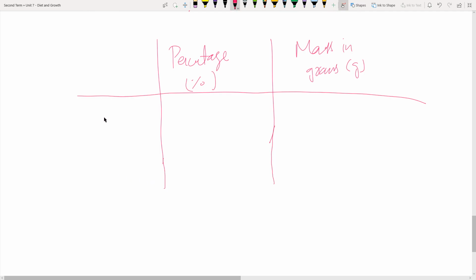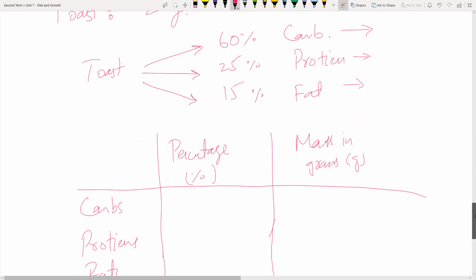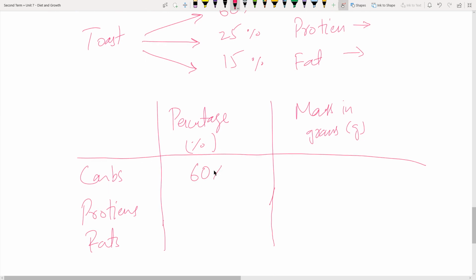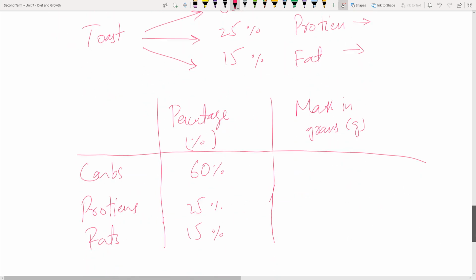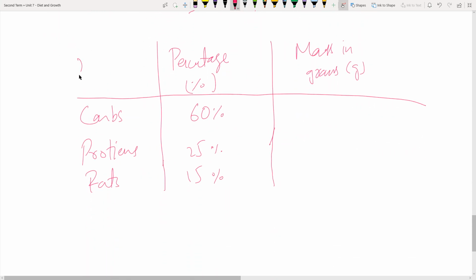So let's say carbs, the proteins, and then fats. By percentage it is 60%, 25%, and 15%. And now simply we do know that overall we had 20 grams.